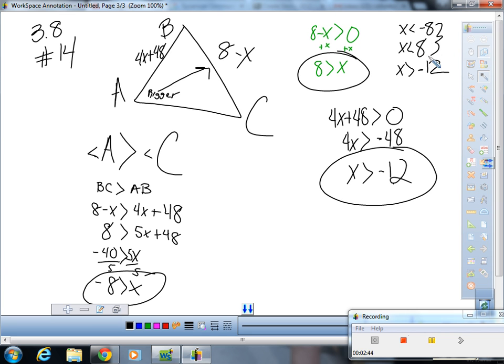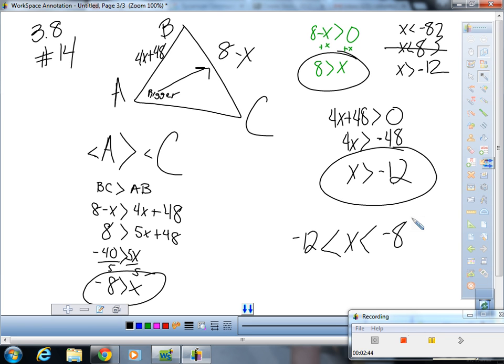One of those is unnecessary. x is less than 8 is unnecessary. If x is less than negative 8, then of course x is less than 8. Does that make sense? So it's not like this one doesn't matter, it's just that we don't need to say it. So what we can do is write this as x is bigger than negative 12 and less than negative 8.